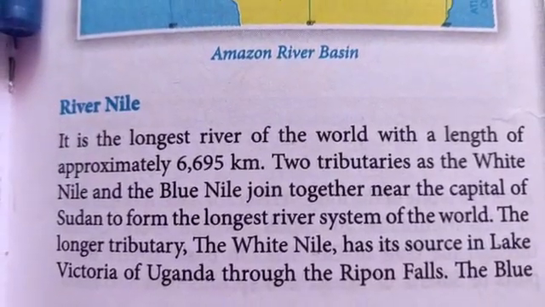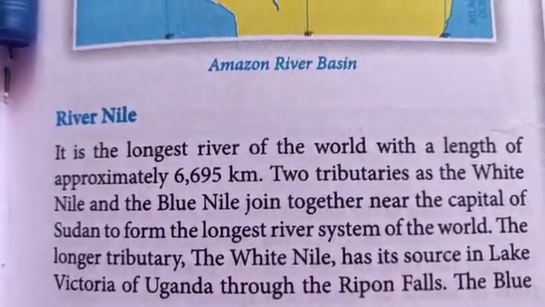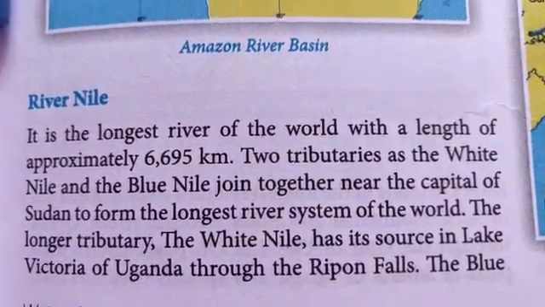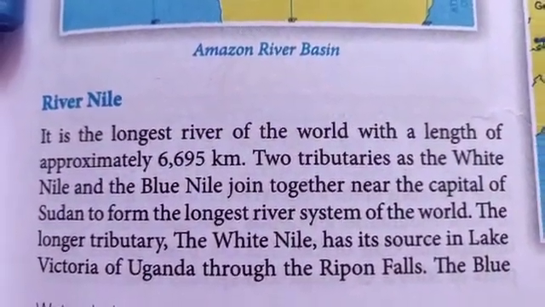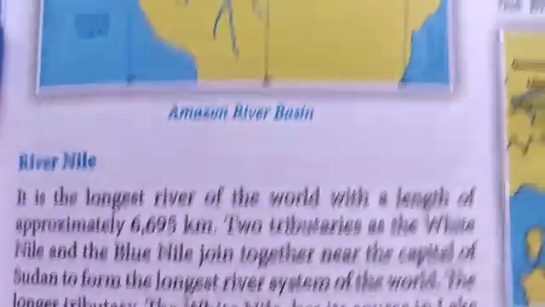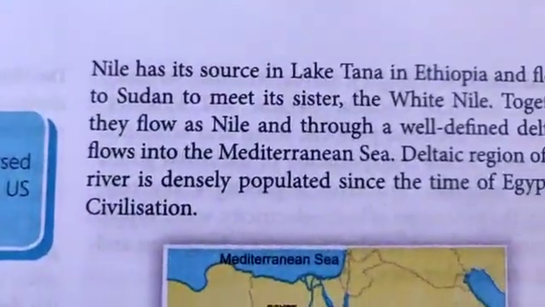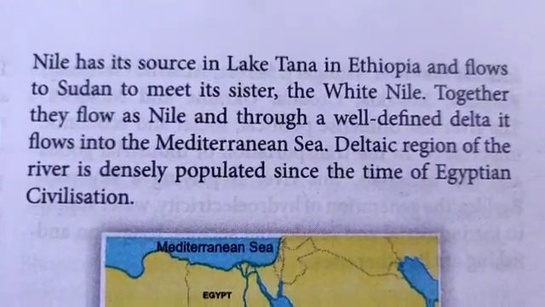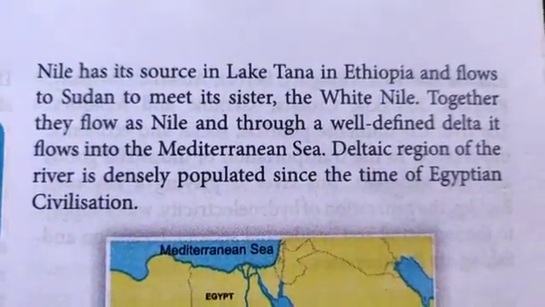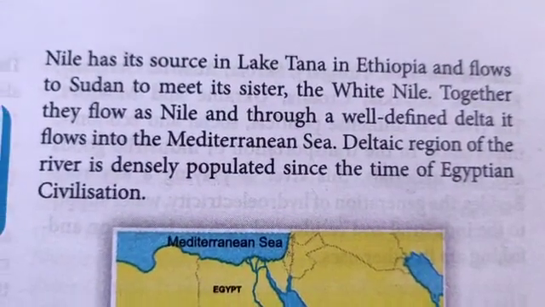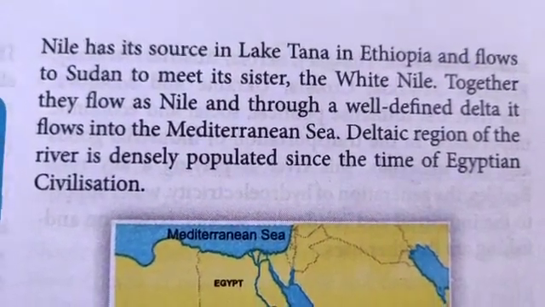So underline that. The longer tributary, the White Nile, has its source in Lake Victoria of Uganda through the Ripon Falls. So please underline this. The Blue Nile has its source in Lake Tana in Ethiopia and flows to Sudan to meet its sister, the White Nile. Underline this also, children.